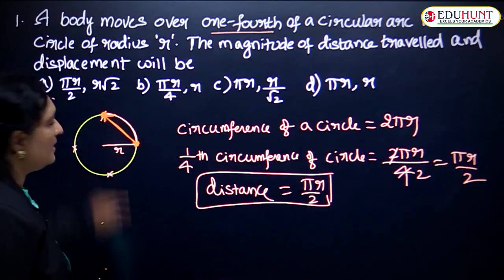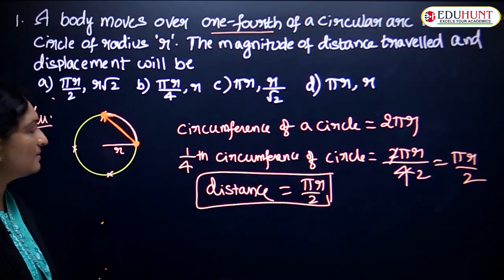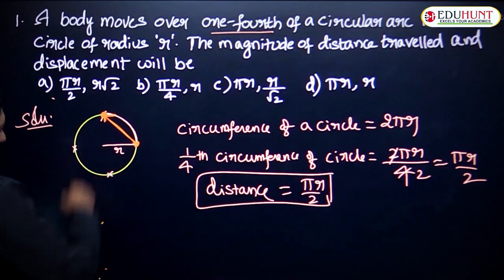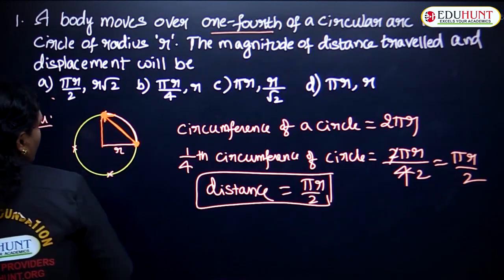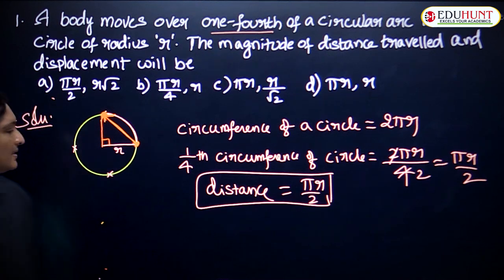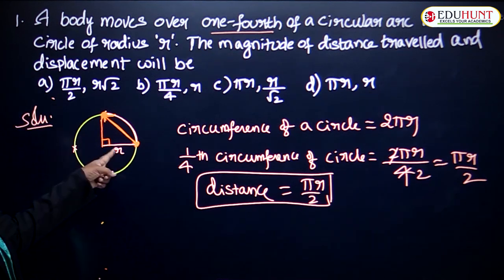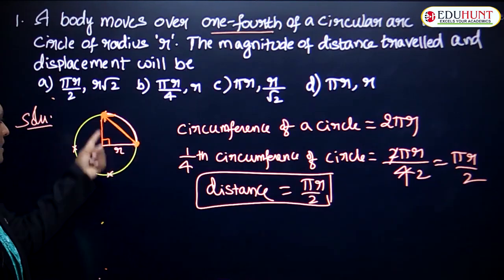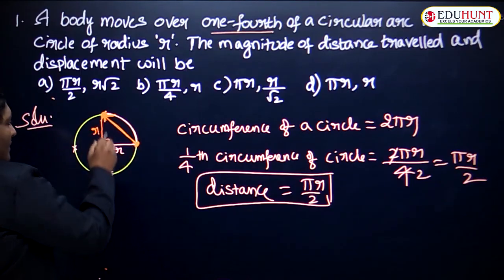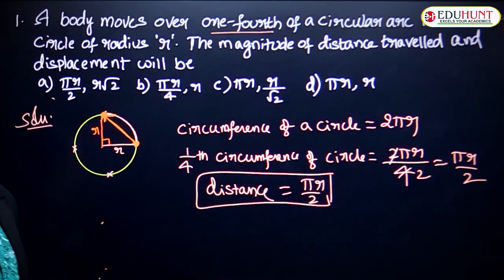This line indicates your displacement. To find its measure, let us also draw one more radius over here. Here it forms a right angle triangle. The distance from the center to any point on the circumference is r, here also it would be r.